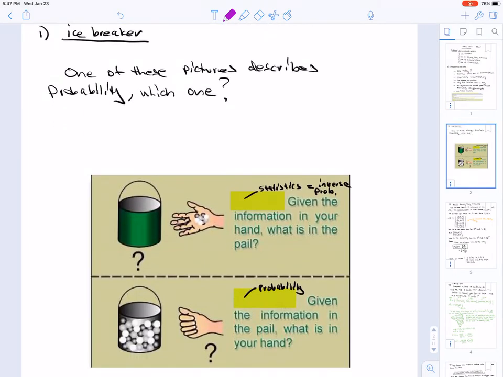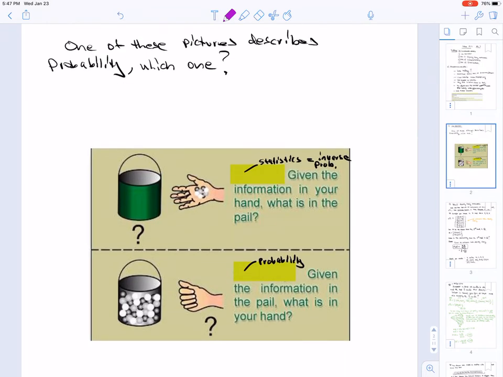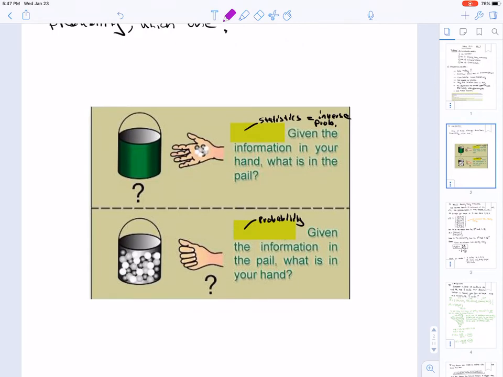So then we did an icebreaker, and I asked you which of the following pictures describes probability and which describes statistics. So we agreed that the bottom one is probability. In probability, for example, you have a pail of different colors and you reach in the pail, you're taking a sample from your population, and you can answer using probability a question such as, what's the chance that I get at least one of each color?